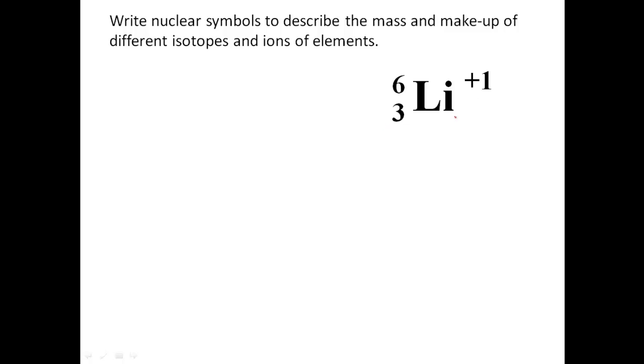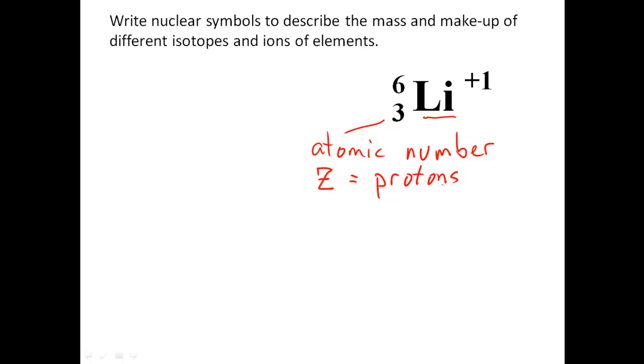You understand, of course, that this is referring to lithium, and this is the atomic number, and sometimes you'll just see this referred to as the capital letter Z, and that capital letter Z tells us, of course, the number of protons that are in the nucleus.